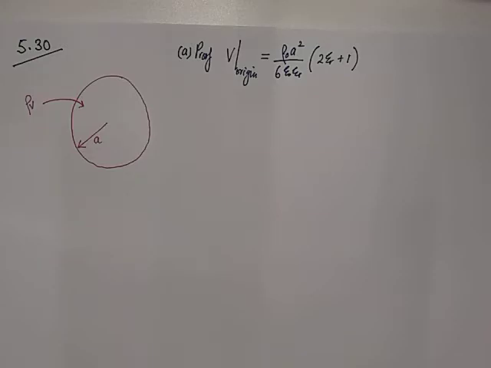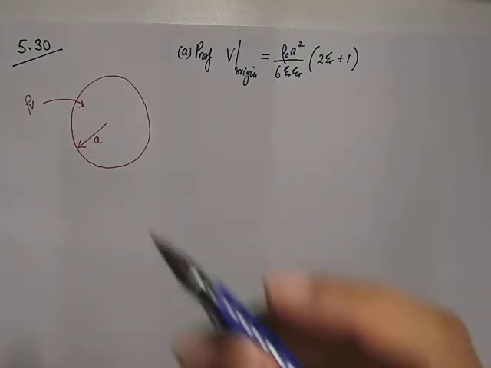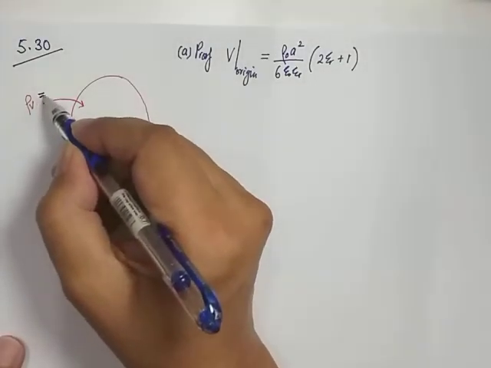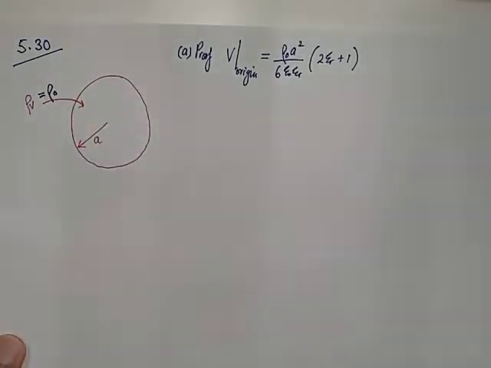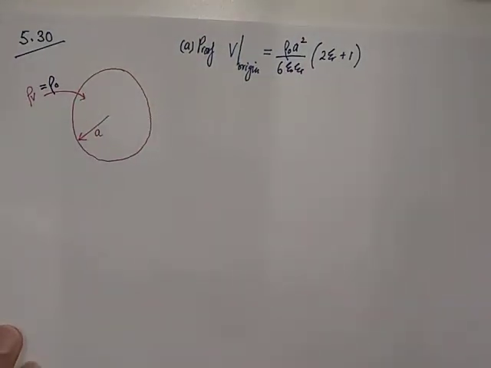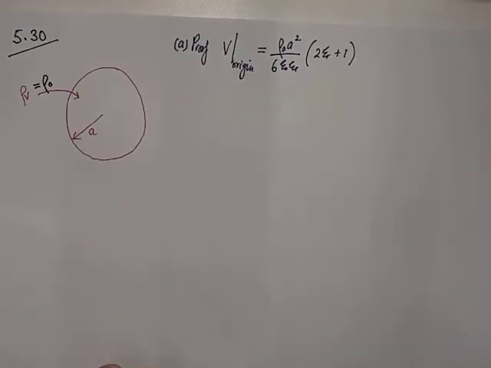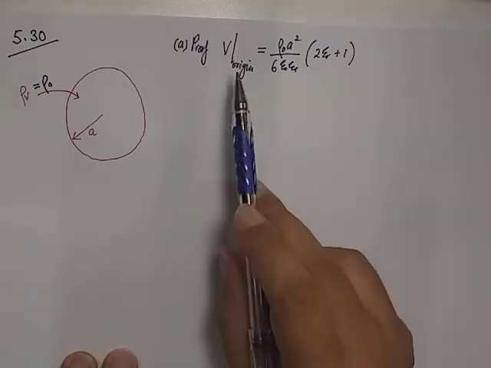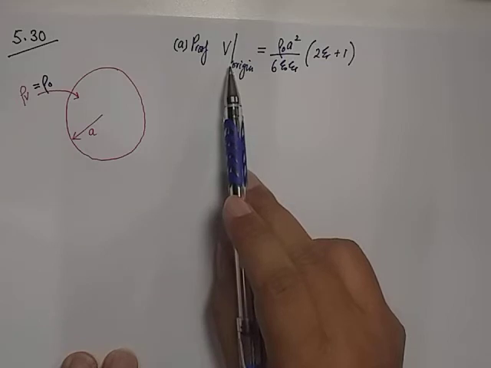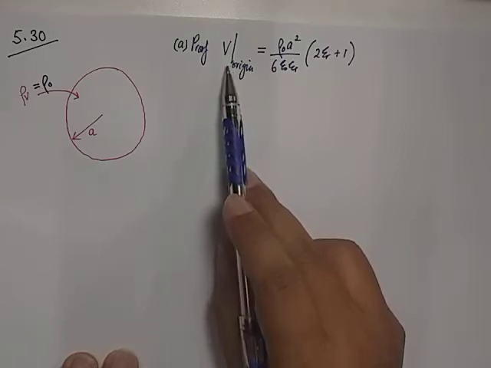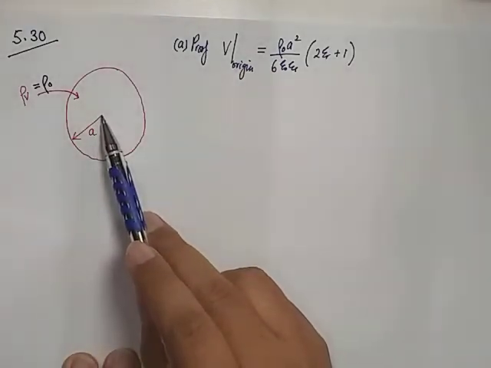Now the rho V here is given as rho naught. That's the statement: rho V is equal to rho naught, constant here. So how do we solve this problem? As you can see, the charge is given and we need to find V. We have to ask again, what should be our V here? Is it potential? Is it absolute potential? Yes, because we are referring to a point, the origin.